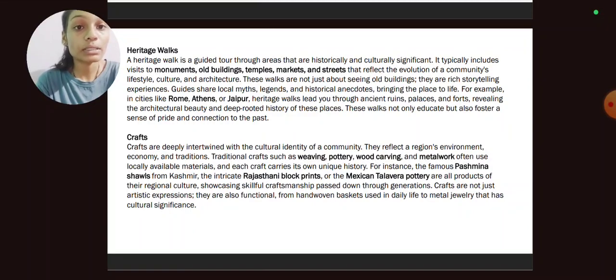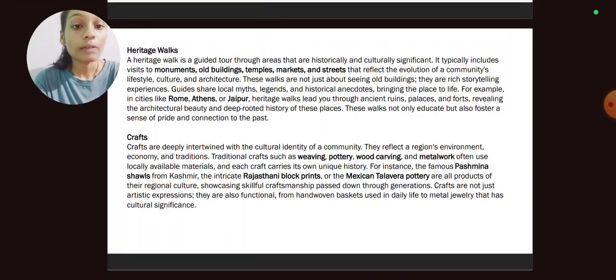For example, in cities like Rome or Jaipur, heritage walks lead you through ancient ruins, palaces, and forts, revealing the architecture, beauty, and deep rooted history of these places. These walks not only educate but also foster a sense of pride and connection to the past.